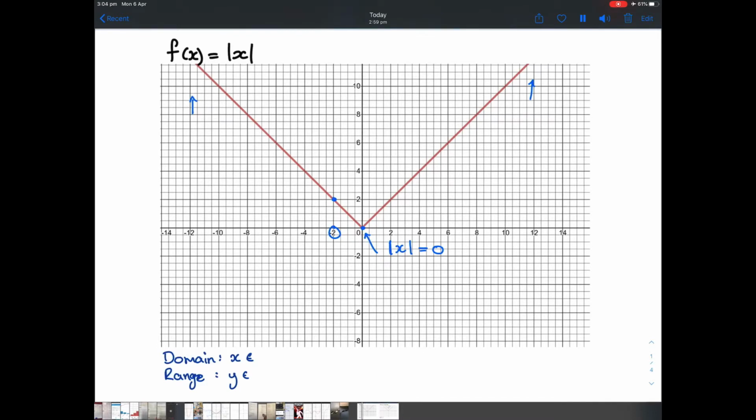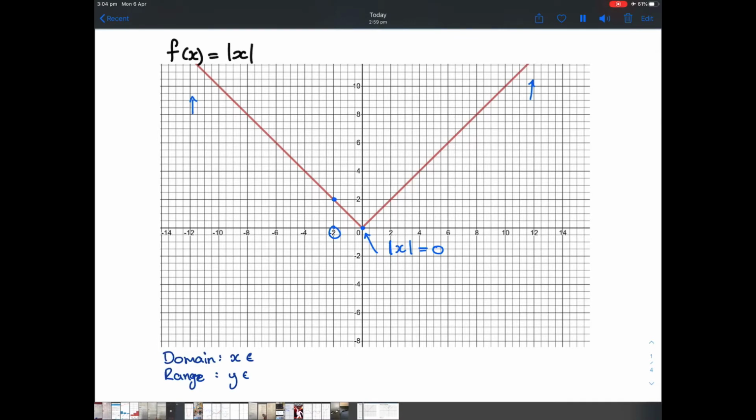So hence why it's occurring at 0 here. So that's pretty much our basic features of an absolute value graph. It's straight lines everywhere that come to a sharp point, and where that sharp point is located depends on when the thing inside the absolute value is equal to 0.